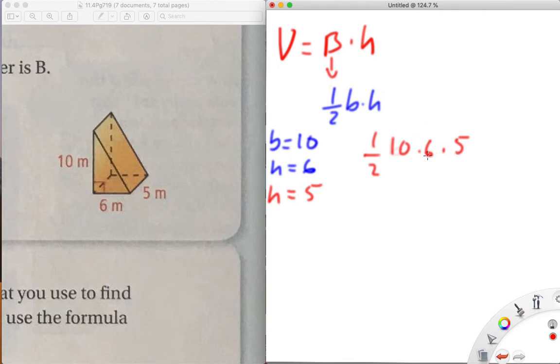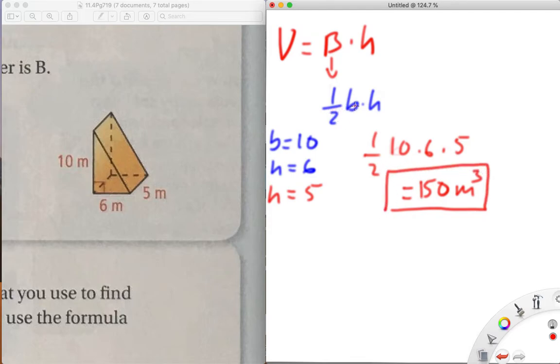So that's going to be 6 times 5, which is 30, 30 times 10, which is 300, and 300 divided by 2, which is 150. And it's going to be 150 meters cubed.